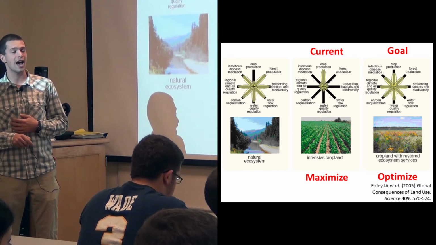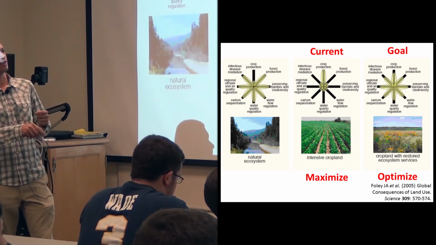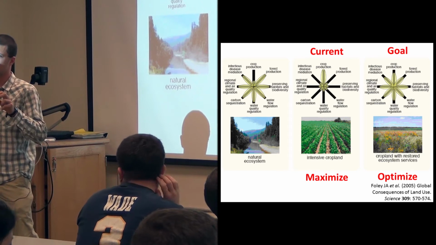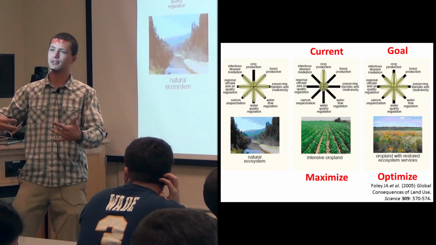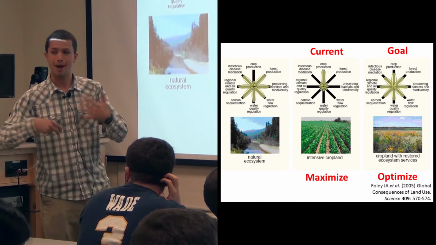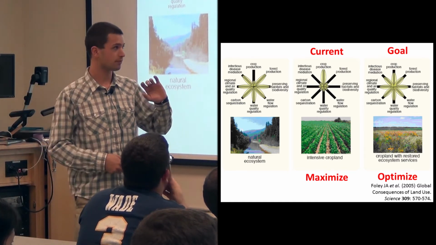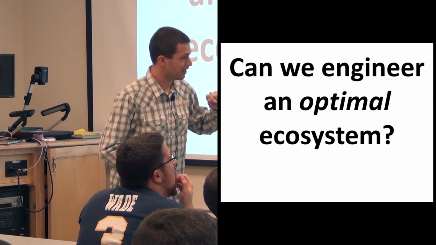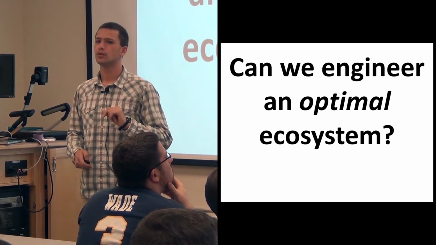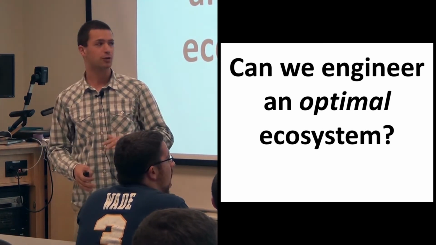So this system is not as good at any one thing as these other maximization systems, but collectively they will do more on an acre of land than a maximization type system. So this is more of an optimization strategy. Okay, so I'm going to skip this. We're trying to engineer these systems, and we're talking about an optimal system as opposed to a maximal system.